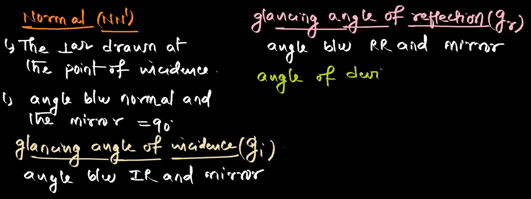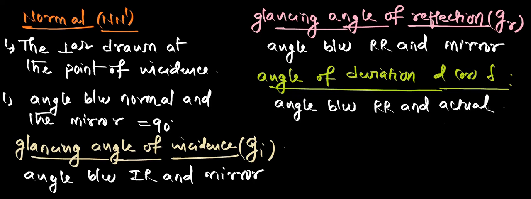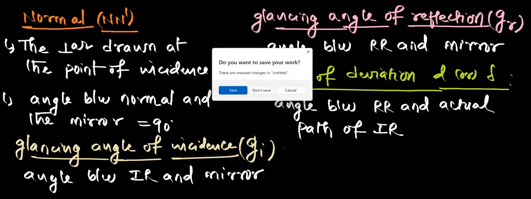It is the angle between the direction of the incident ray and the reflected ray, that is, the angle between the reflected ray and the actual path of the incident ray. Any doubt so far? Are you clear with the reflection phenomenon?